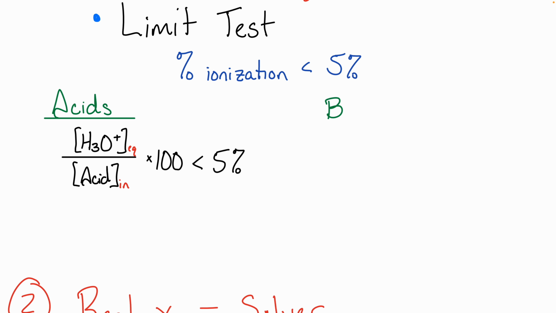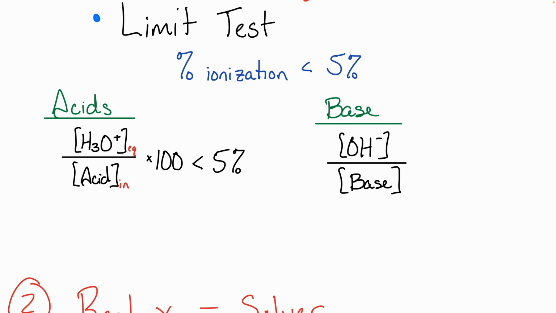And for bases, we would use a very similar, but importantly, slightly different one, where we took our hydroxide concentration divided by our base concentration initially. All right, still multiplied by 100, and still that same cutoff of 5%.